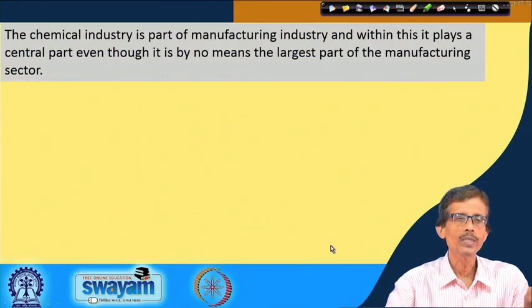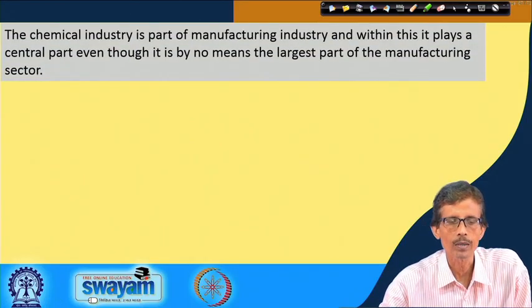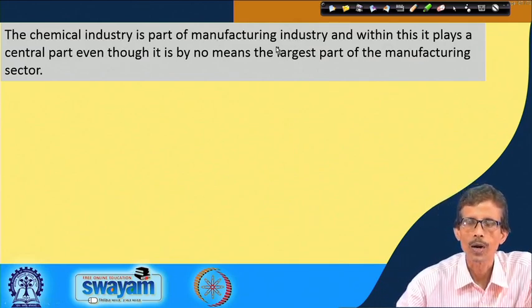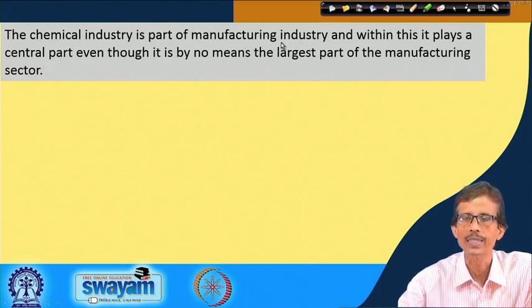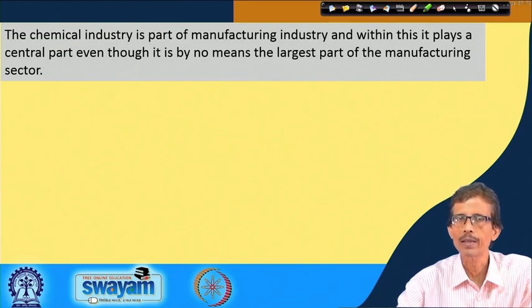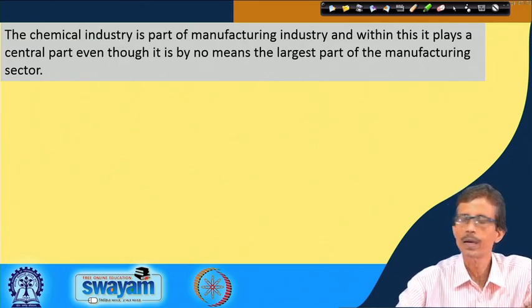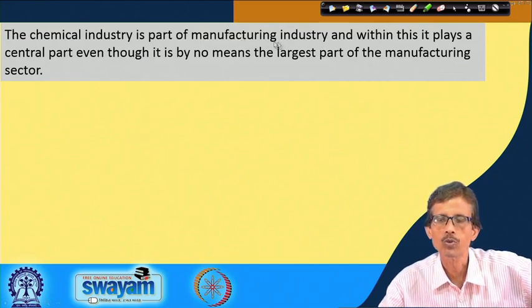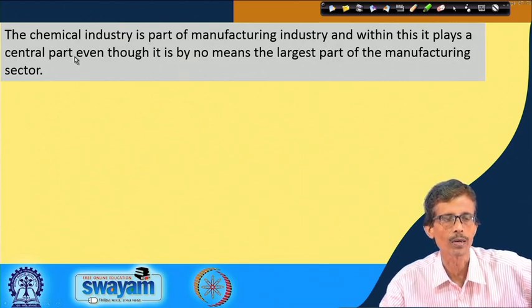So, this is basically what we see for the chemical industry part. It also comes under the part which you can consider as the manufacturing industry. So, if we are going for manufacturing chemicals, we can consider it as a typical manufacturing industry, not that you are making some mechanical engineering products, but these chemicals can also come under the manufacturing industry, and within this it plays a central part.